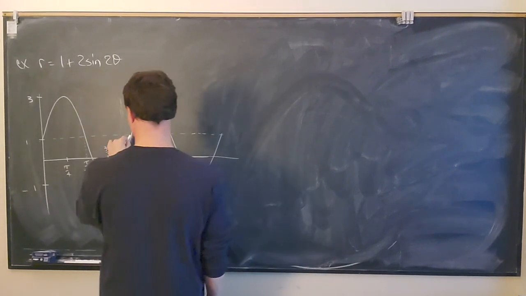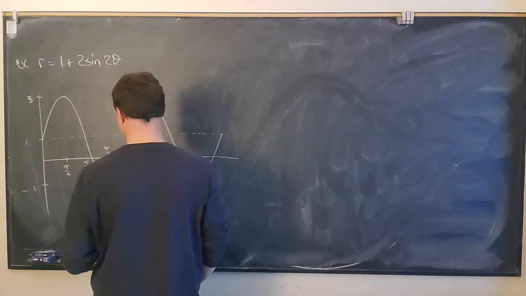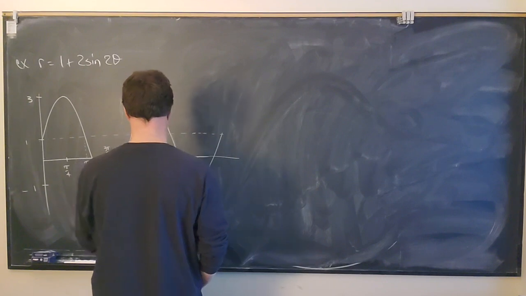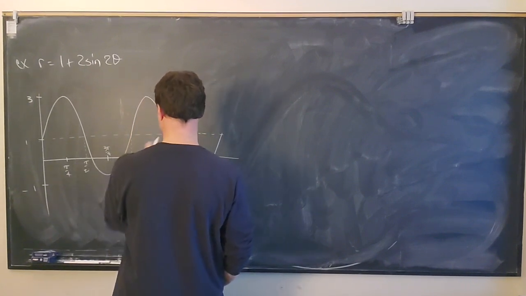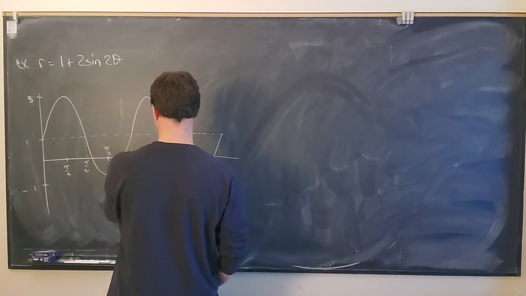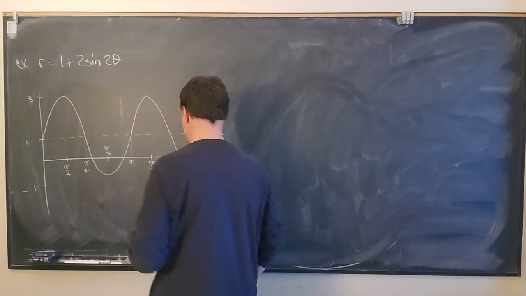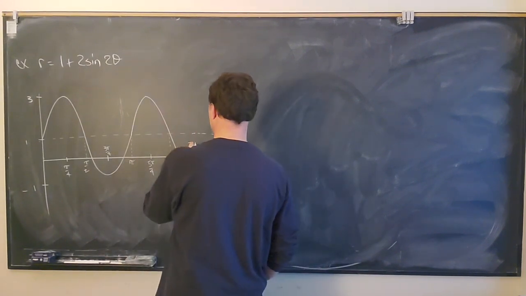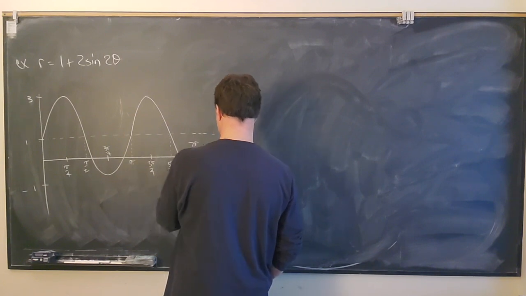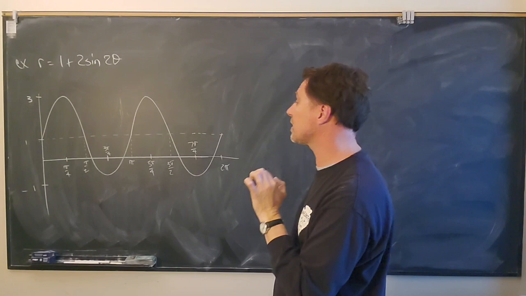It's going to cross right here at pi. The maximum will be at 5 pi over 4. And then this is at 3 pi over 2. We've got the minimum at 7 pi over 4. And there's 2 pi.